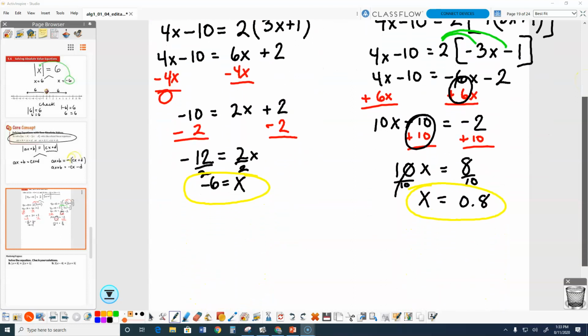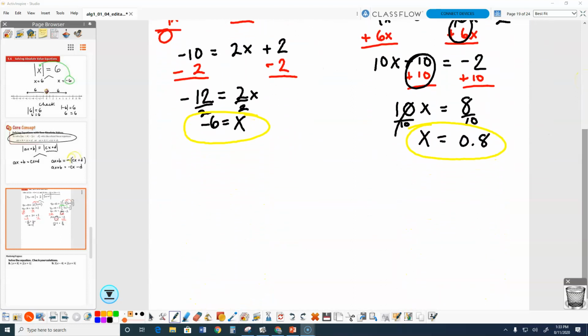So the first thing I'm going to do in order to check this is rewrite the equation. Whoops, I really want that to be green. It didn't change. Okay, here we go. Let's check this.